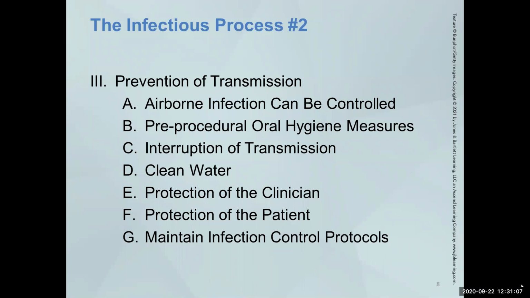So we want to interrupt the transmission anywhere in that chain of infection, and that can be almost anywhere. We want clean water. Our water lines, just for your own information, have filters in them that are replaced every year. They're underneath the units, and they're not straws, but a cartridge, and it's supposed to be good for 365 days, and they get changed every year.